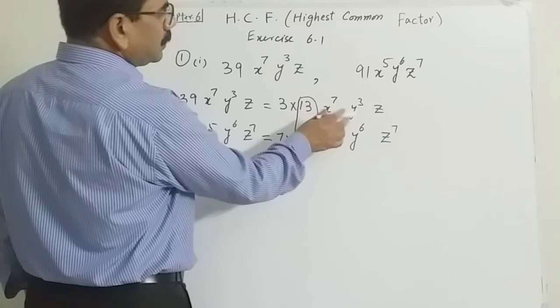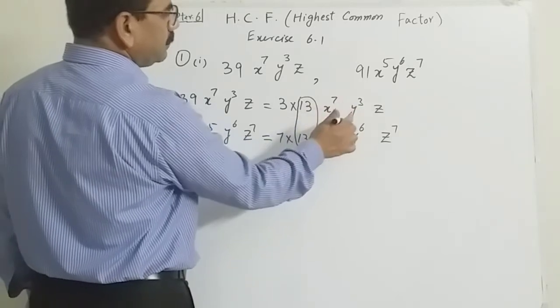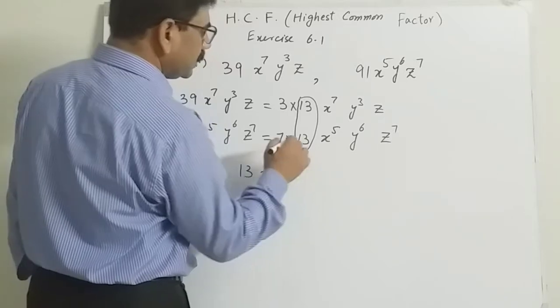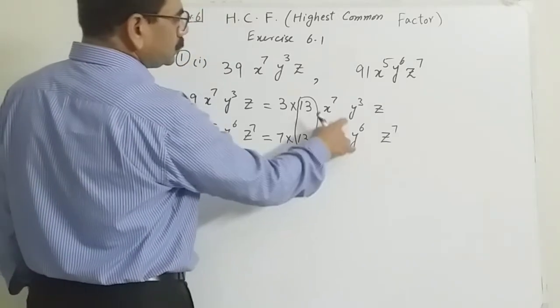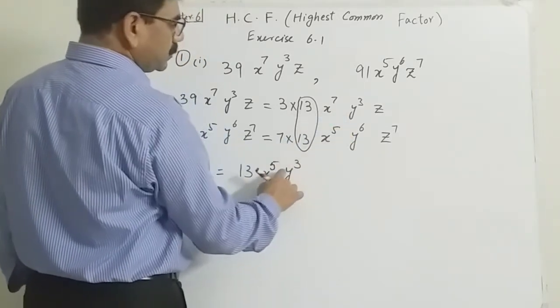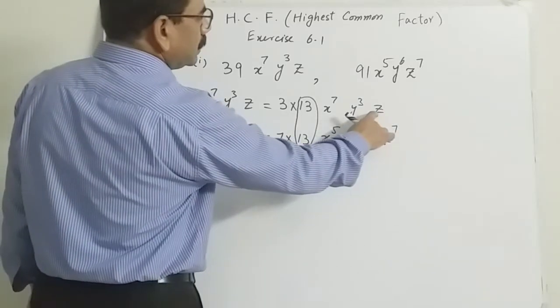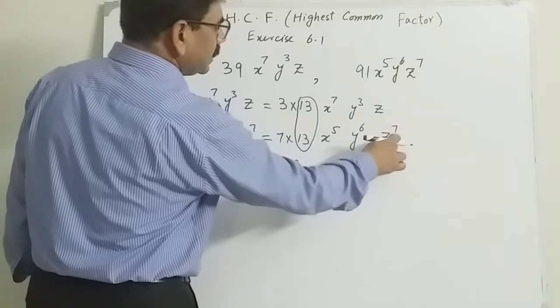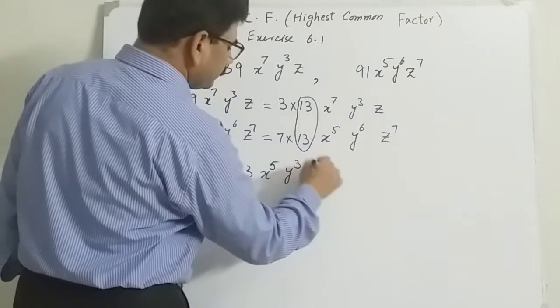Similarly, the common factor of highest power between y power 3 and y power 6 is y power 3, because both these terms will contain y power 3. Similarly, the common factor of highest power between z and z power 7 will be z.